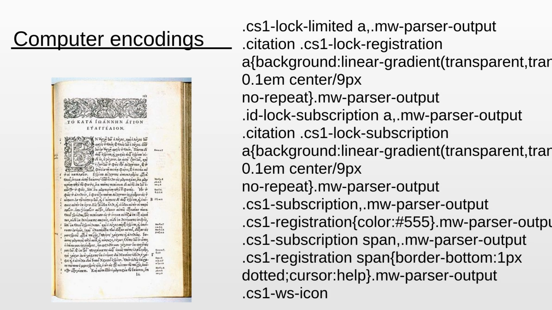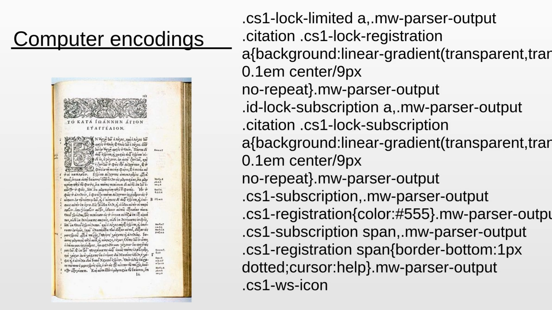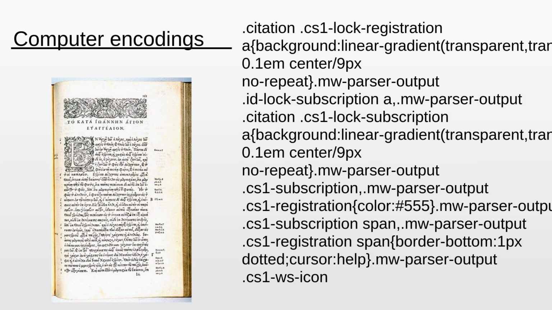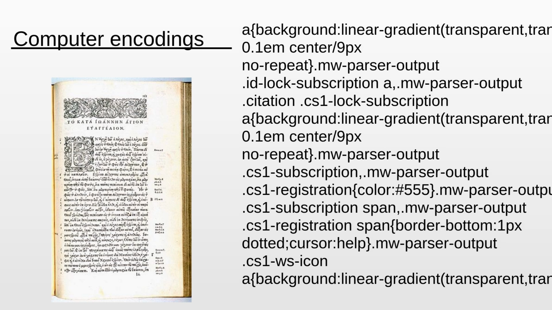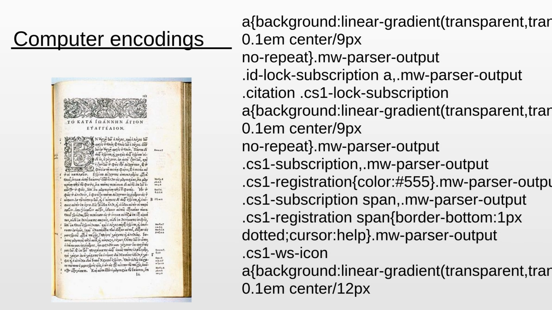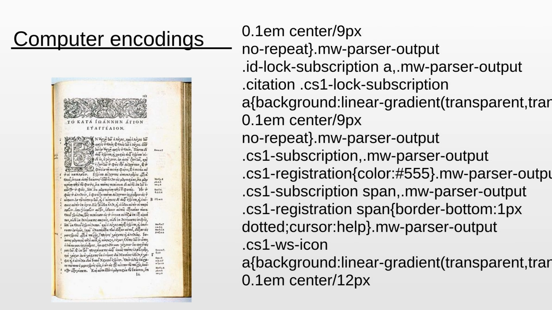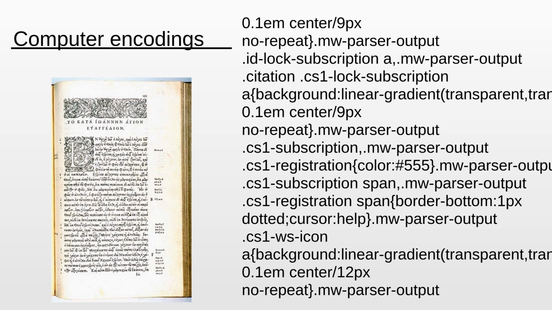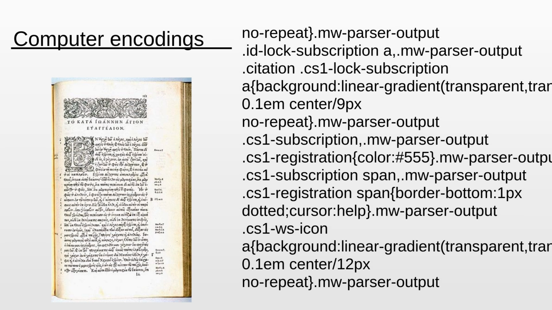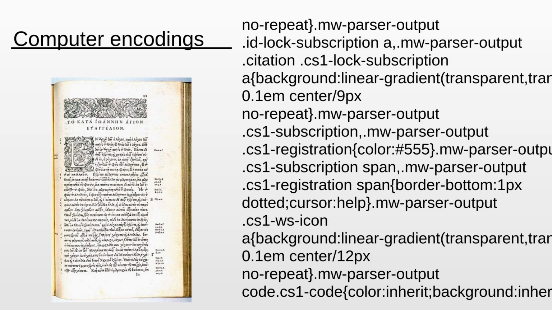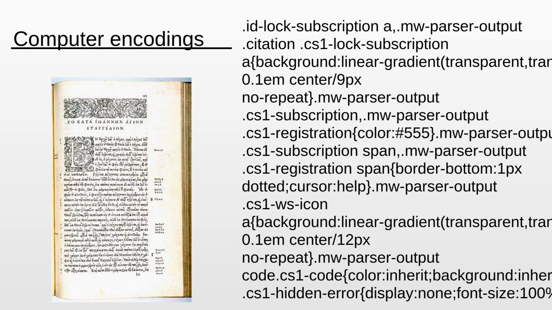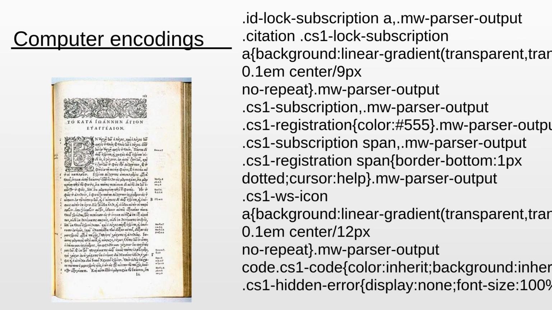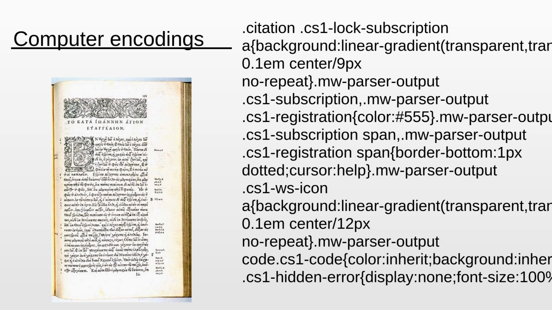CS1 lock registration. A background, linear gradient, transparent, URL. upload.wikimedia.org/wikipedia/commons/e/d6/lock-gray-alt-2.svg. Write 0.1 centered 9px no repeat, MW parser output, id lock subscription A, MW parser output.